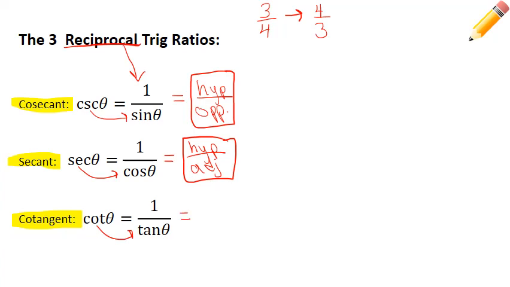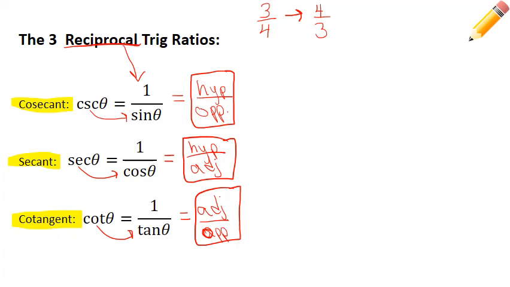And tangent, remember, is opposite over adjacent. So now the ratio is going to become adjacent over opposite. So these are three new ratios that we can add to our trigonometric ratios. So we have sine, cosine, tangent, and now we just learned cosecant, secant, and cotangent.